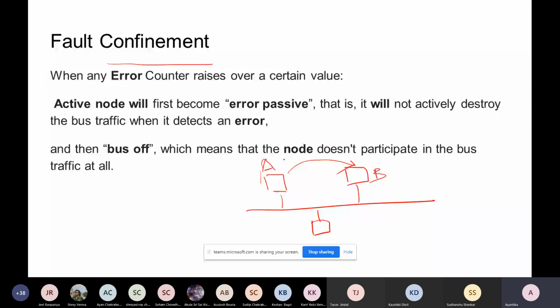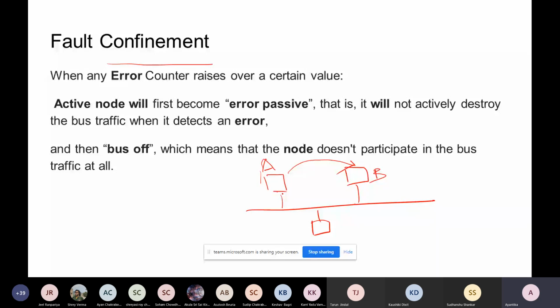Then it raises an error frame, so that all the nodes connected to this CAN bus get to know that there is some error. Now, if that happens continuously, you understand there is already congestion, so we cannot accept any frame. Actual legitimate frames are not getting delivered to their destination.